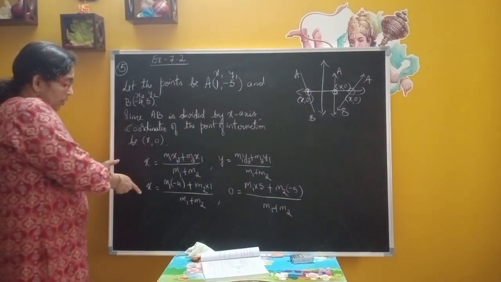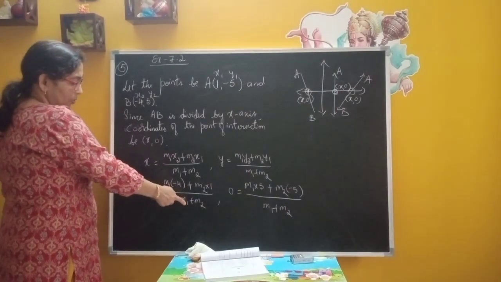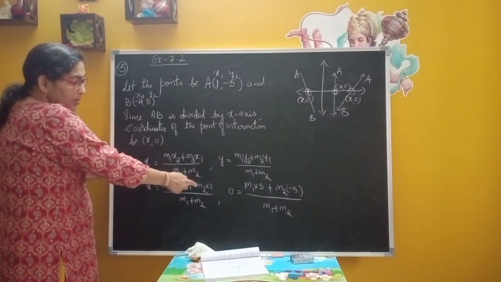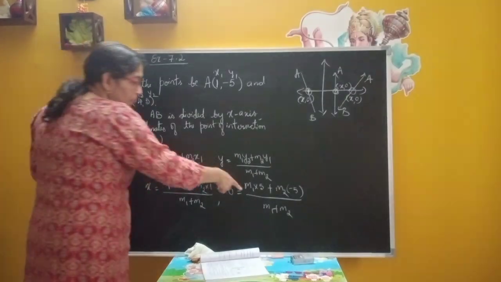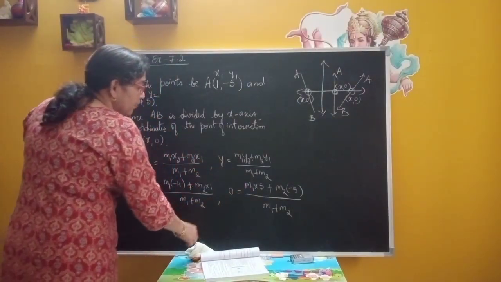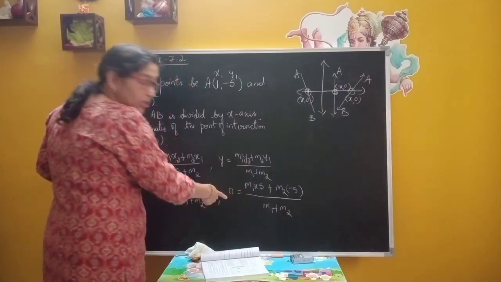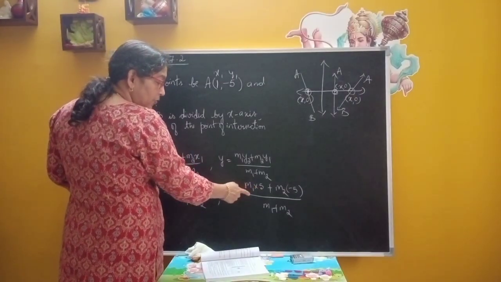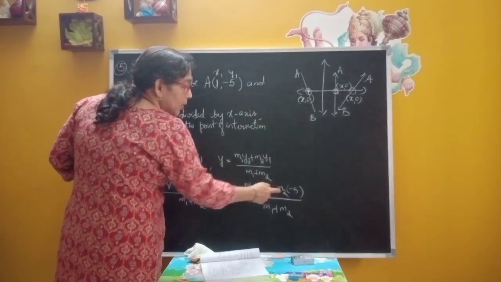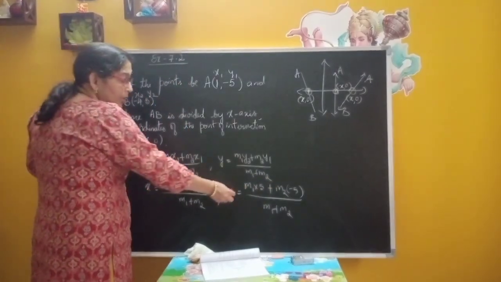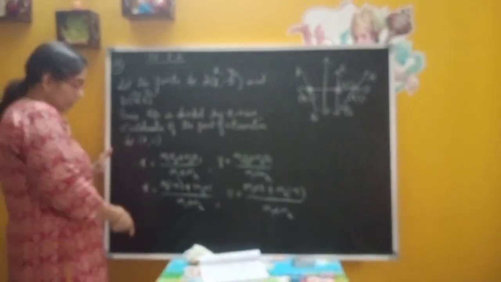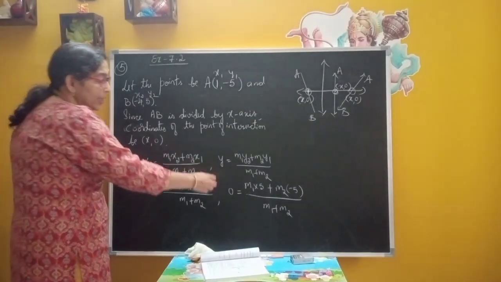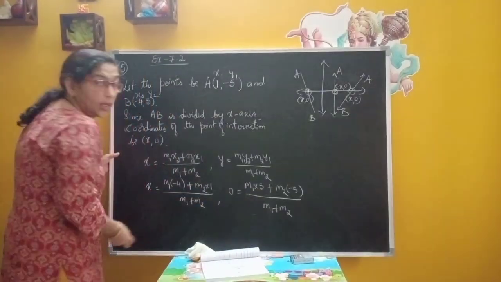Now we get x into (m1 plus m2) is equal to minus 4 m1 plus m2. Simplifying the other side, we get (m1 plus m2) into 0, which is 0. Here x is also unknown, so we cannot find the ratio from it. So let us use the y coordinate part.